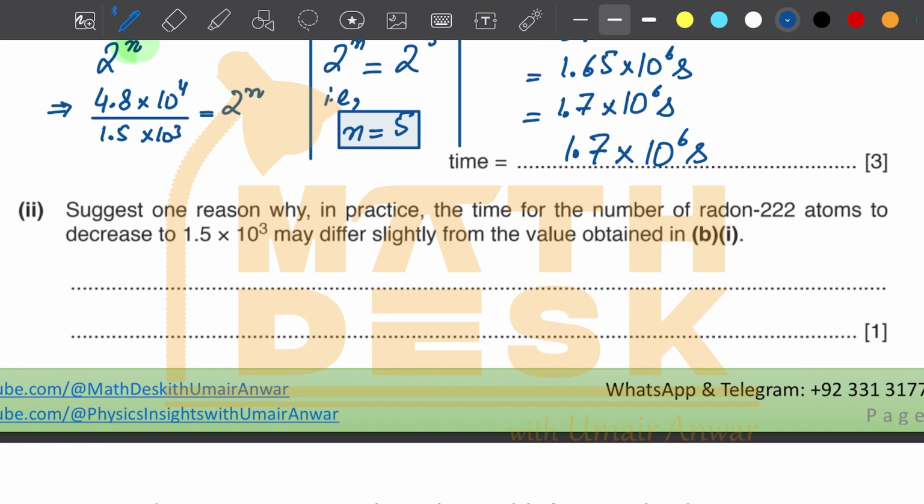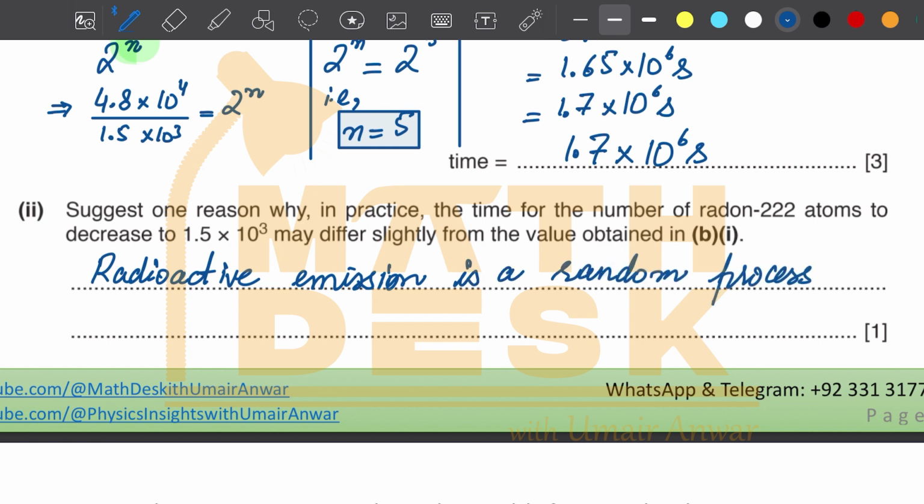So the time could differ slightly. So I'm writing the reason that radioactive emission, since it does not follow any pattern, is a random process. There could be a slight difference in the observed value.